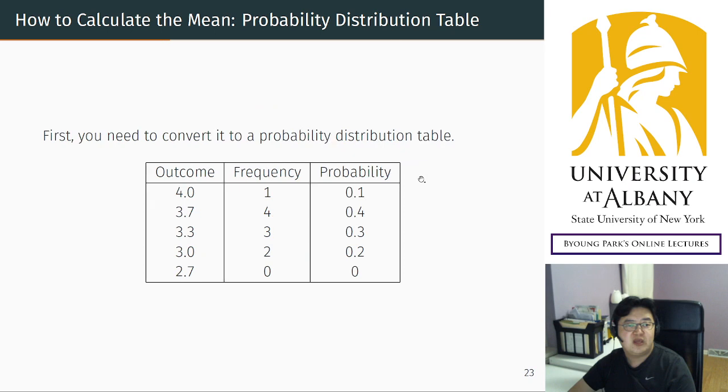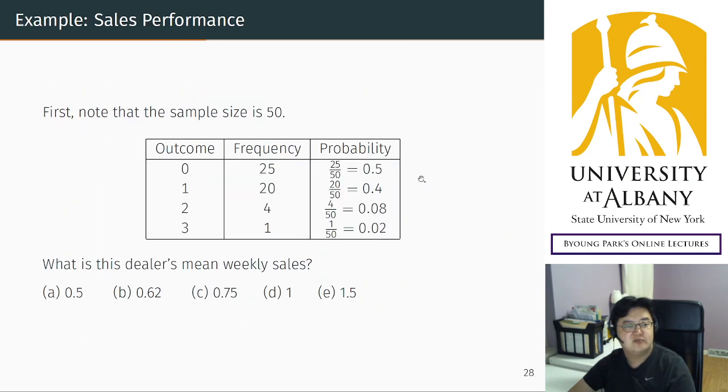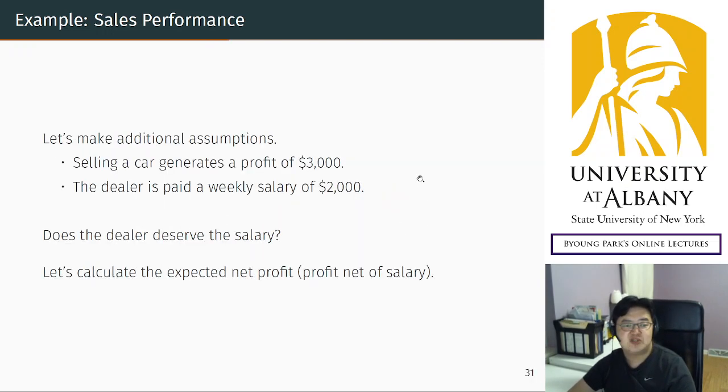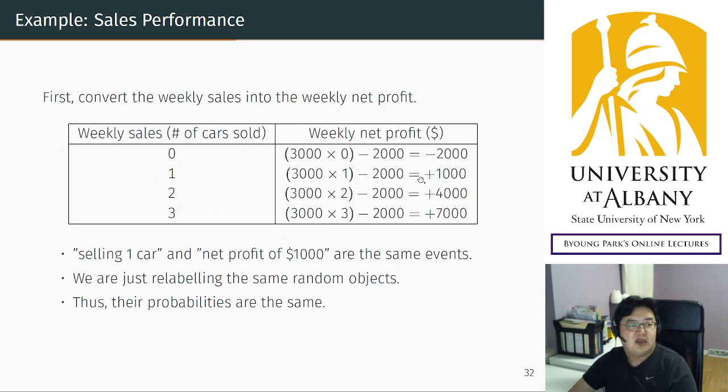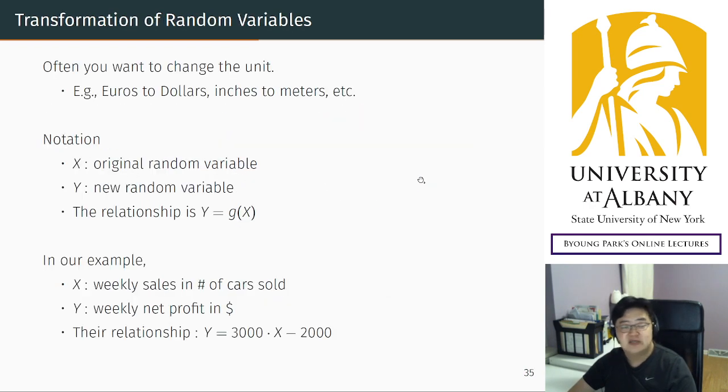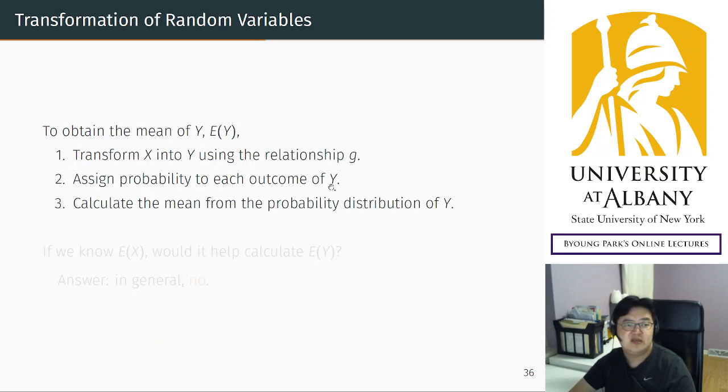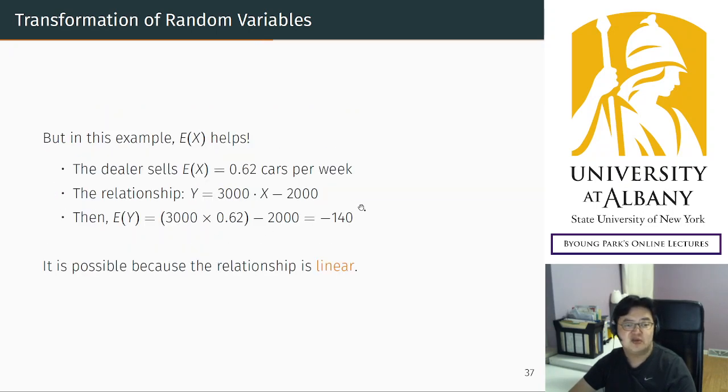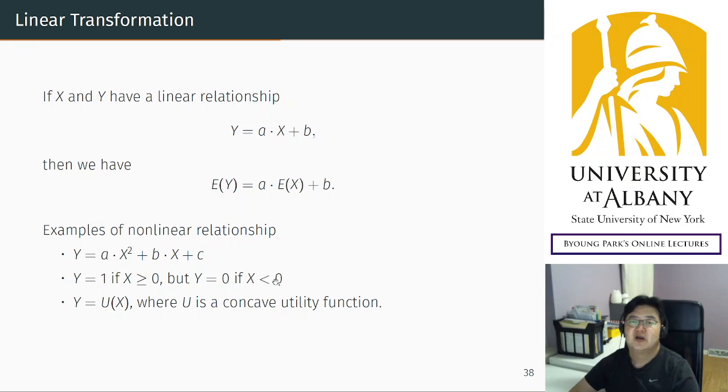And then as an example, we considered car sales dealers' performance evaluation, and at the end of the last lecture, we learned a very useful result. Suppose that you have an original random variable x.